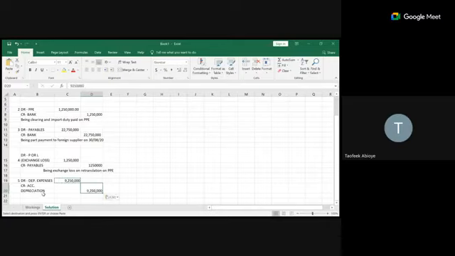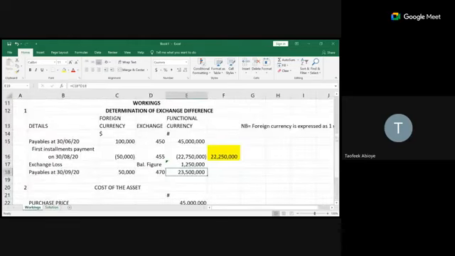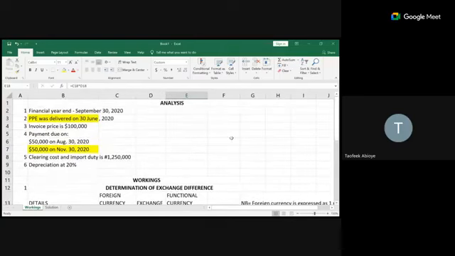Our narration will be annual depreciation on PP. So those are the journal entries we need. I don't think there is another journal entry again. So that is it. That's all.